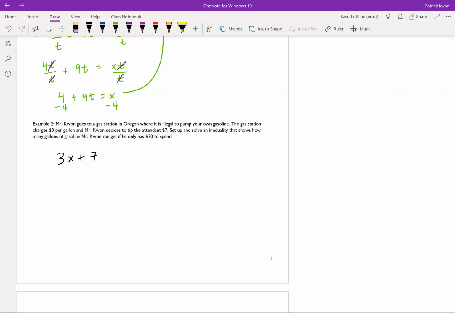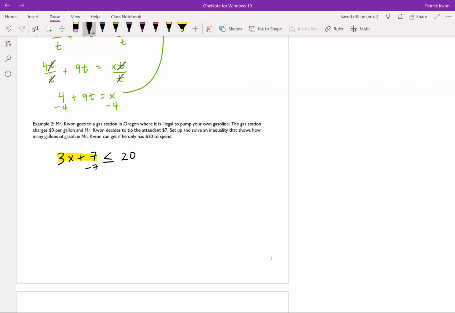And I'm going to set up an inequality because I only have $20 to spend. So this amount here, the 3x plus 7, which is going to be my total cost, needs to be less than or equal to 20. And just like an equation, I can solve this, except now there's an inequality symbol.